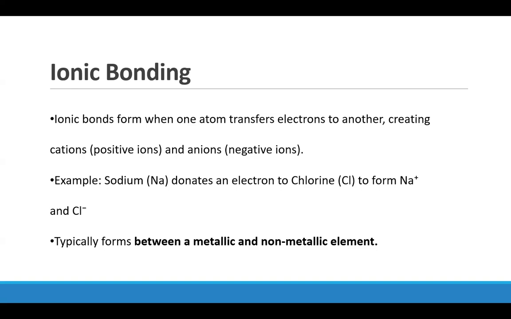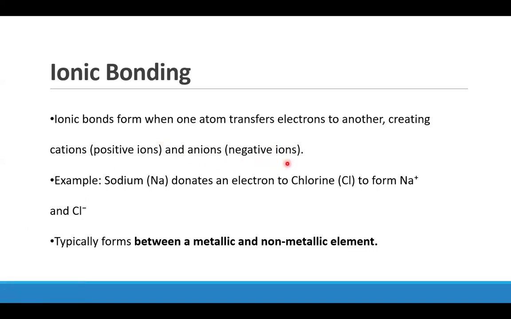This loss of electrons by metals results in the formation of positive ions, known as cations, whereas negative ions are formed when non-metal atoms gain electrons.